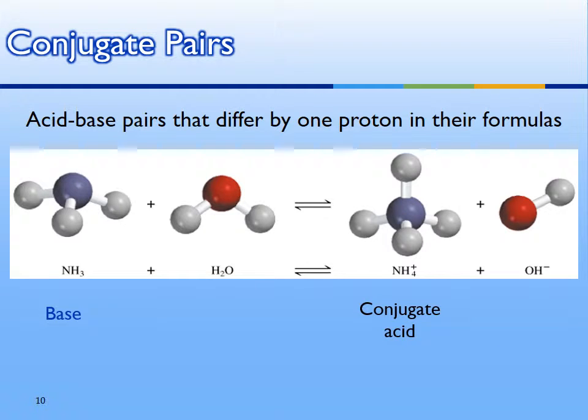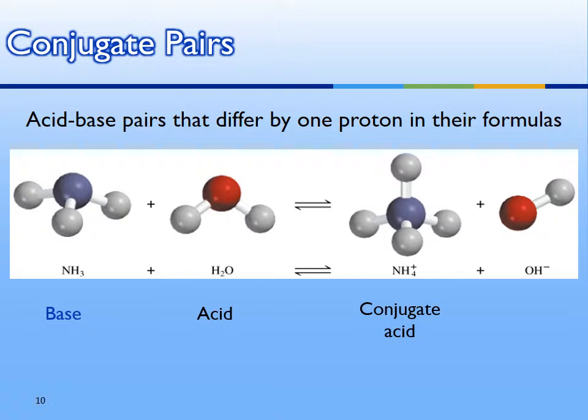Well, that means that the ammonium ion is the conjugate acid, because if we were to look at the reaction going backwards, then the ammonium ion will be giving up the hydrogen ion in order to become ammonia.